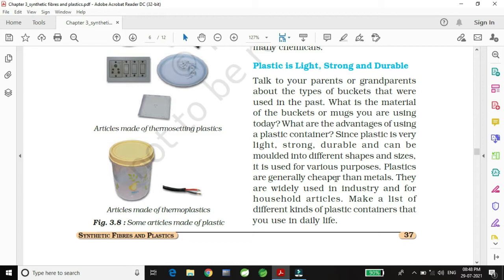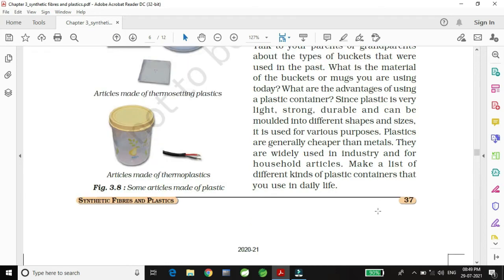It was very heavy. Nowadays we are not using any metal bucket. We are using plastic buckets, and they are very lightweight and also very strong. Plastics are also a very cheap material, and they are used in industries for making household articles.